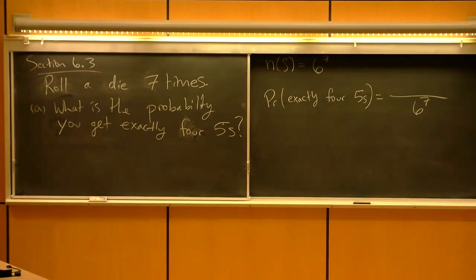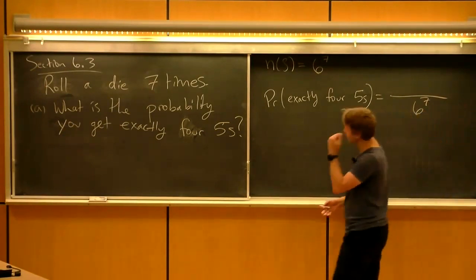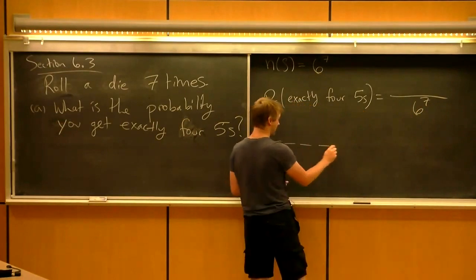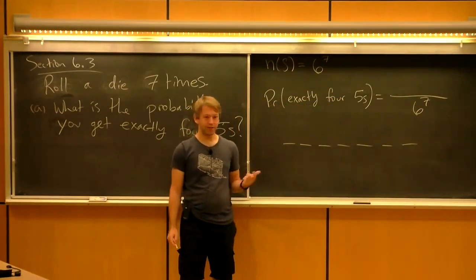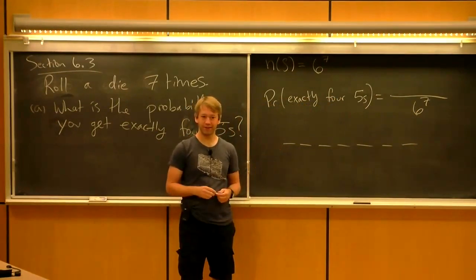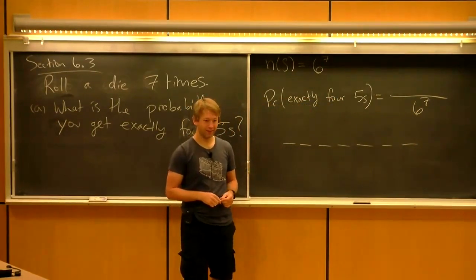So suppose I'm going to have 4 5s. How many ways can I choose which rolls are 5s? So I'm doing 7 rolls. How many ways can I choose which ones are 5s?